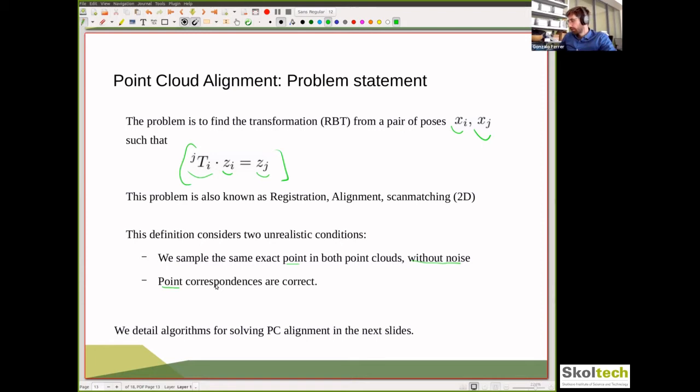Okay, so this problem, if you can solve it, you can directly put it into pose-SLAM. This is going to be your observation, and this is how things are related with respect to this rigid body transformation. So we know that this corresponds to a pose.